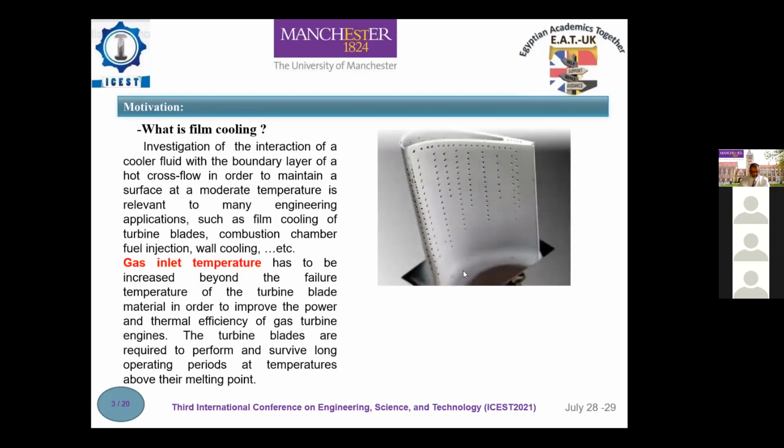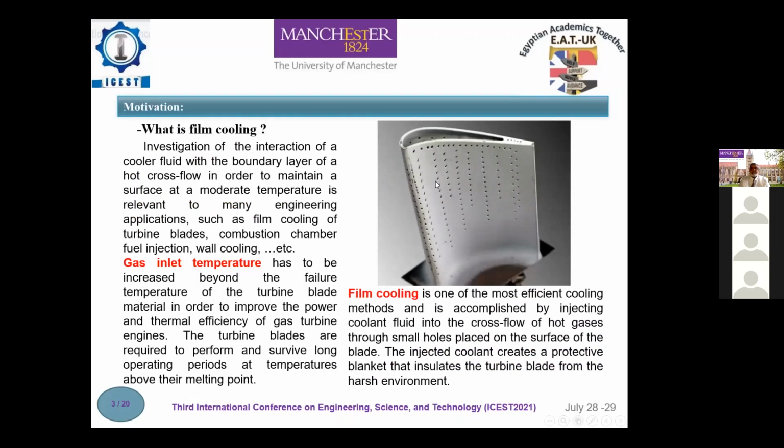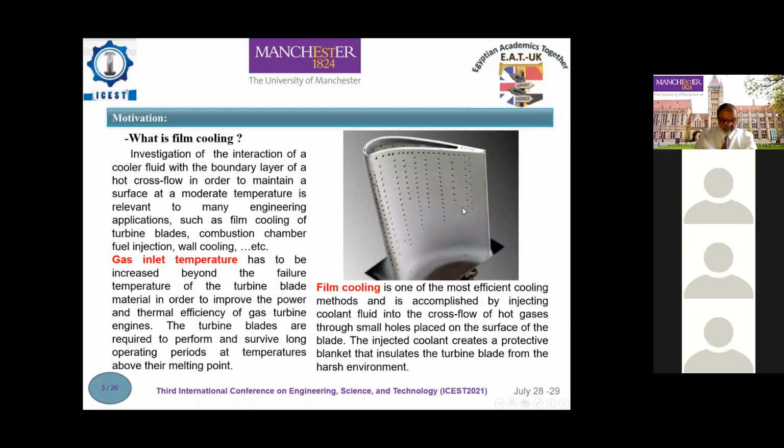First of all, we need to know what is film cooling. In film cooling, the coolant is injected into the high temperature mainstream boundary layer from a series of holes or slots drilled at several locations along the exterior surface of the blade as shown in the figure.